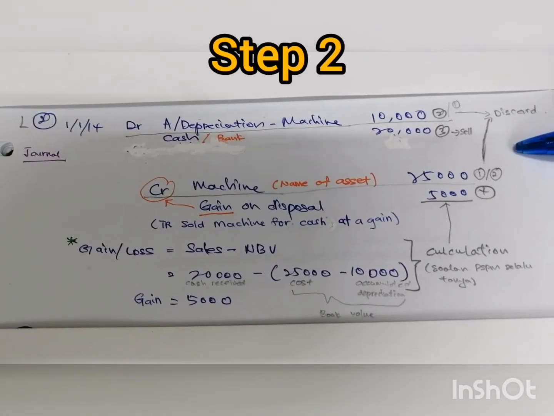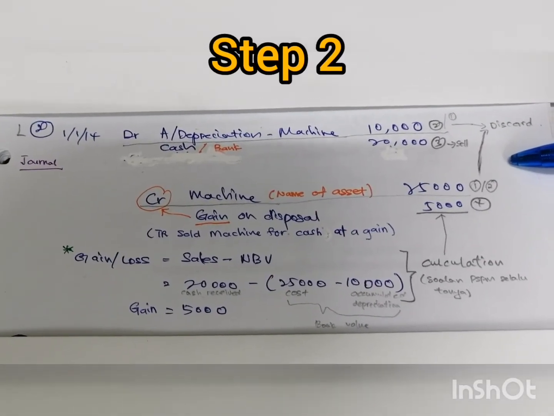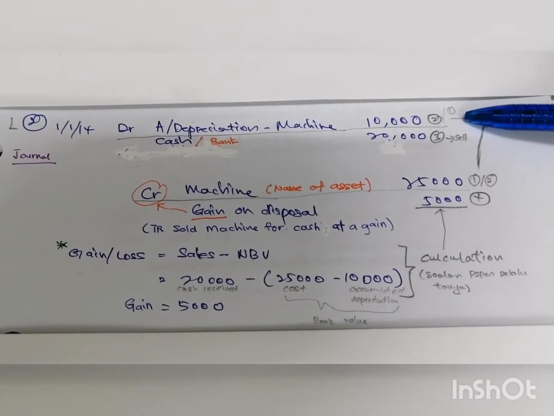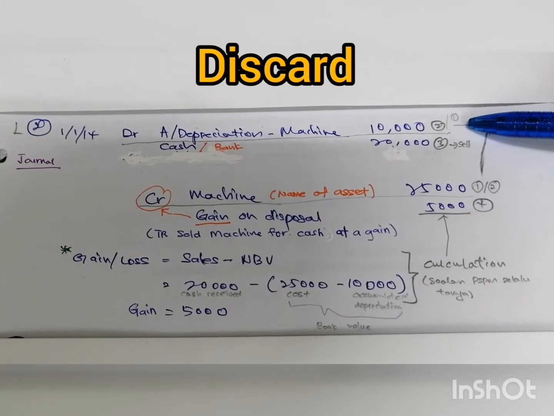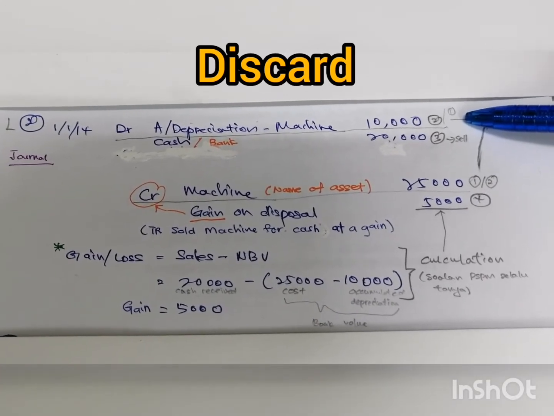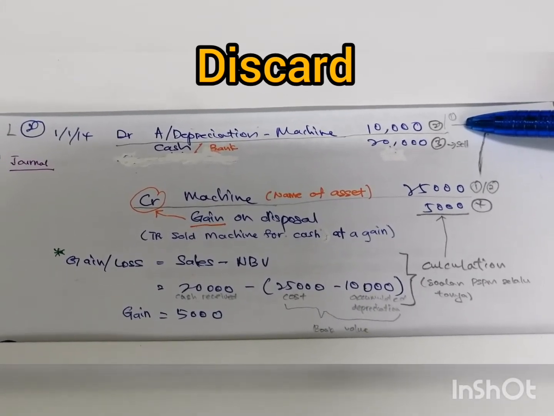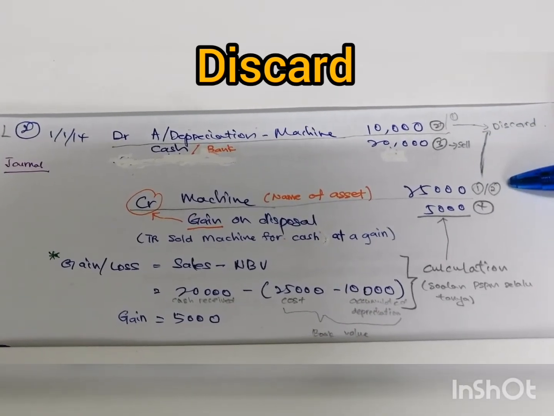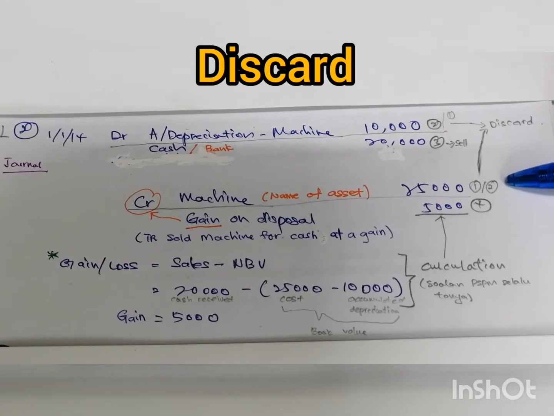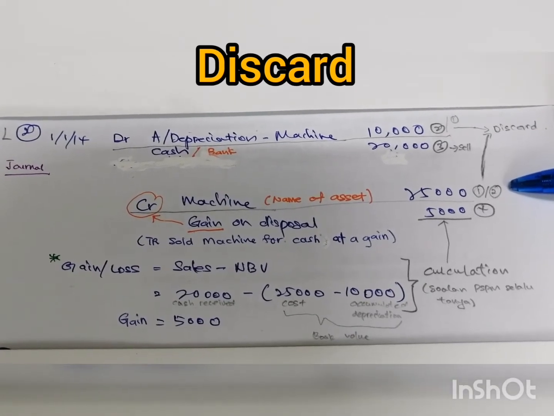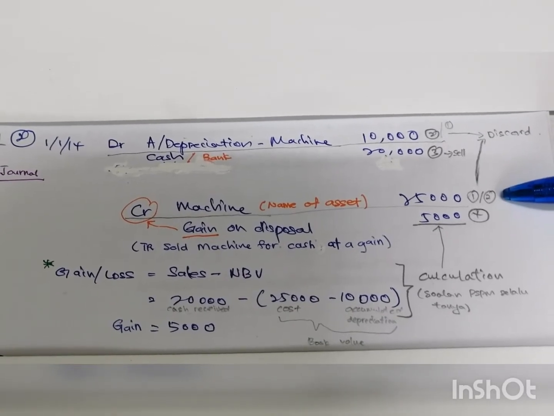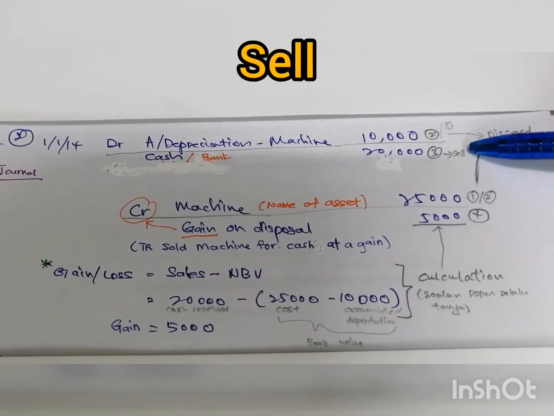In step 2, we shall discard the machine. So on 1st January 2014, we debit accumulated depreciations for machine 10,000 and we credit machines, that is the name of the asset, for 25,000. Then we record the sales in the journal.